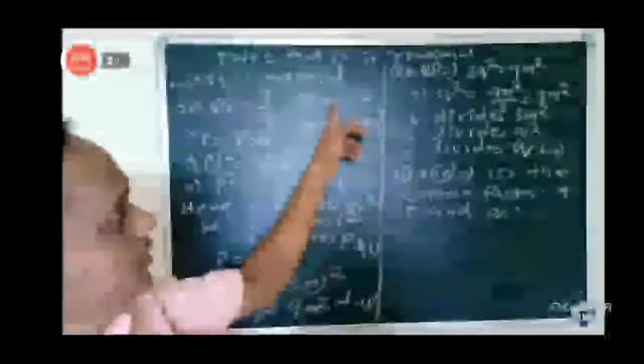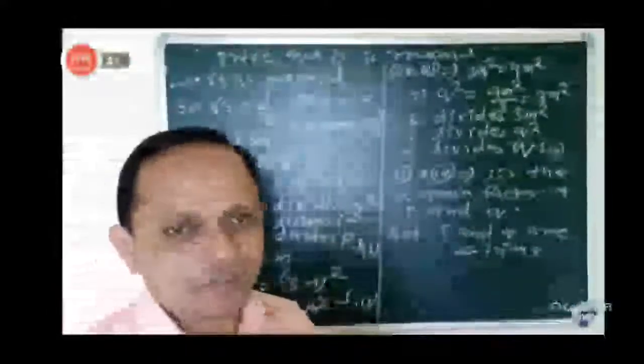That means 3 is a common factor of p and q. But we took that p and q are co-prime numbers. Co-prime means only 1 is the common factor, and there is no other common factor.